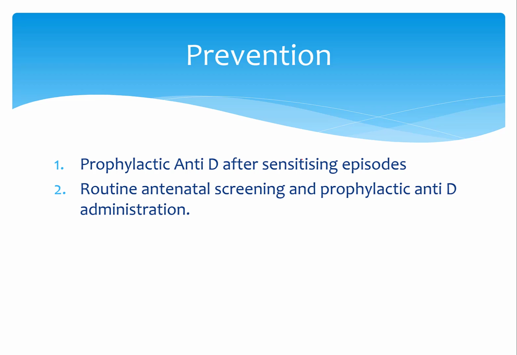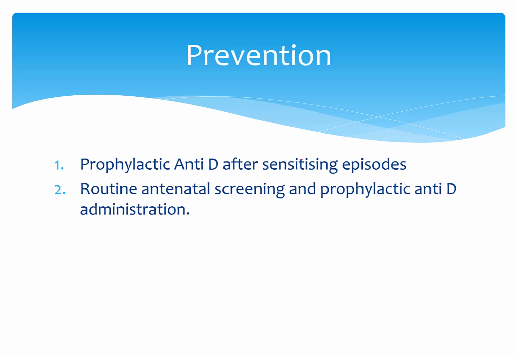So, can we do anything to prevent it? Yes. One is to be aware of potential sensitizing episodes, which I mentioned earlier, and give the mother antibodies raised against the D antigen. They are called anti-D antibodies.